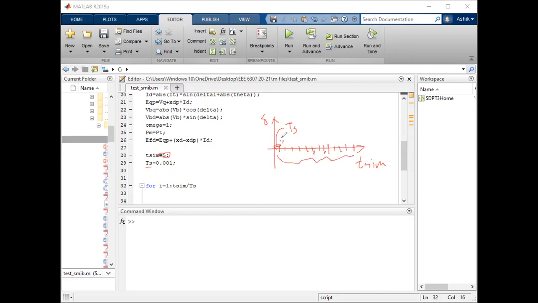At each data point, we will be calculating our delta, that is our target, up to tsim. So we'll be getting this many data points, and my index I should take care of all these data points. That's why it should be I equals 1 up to tsim by ts.